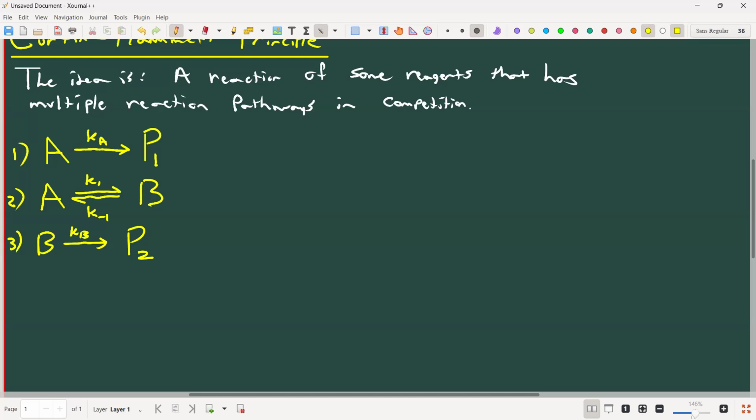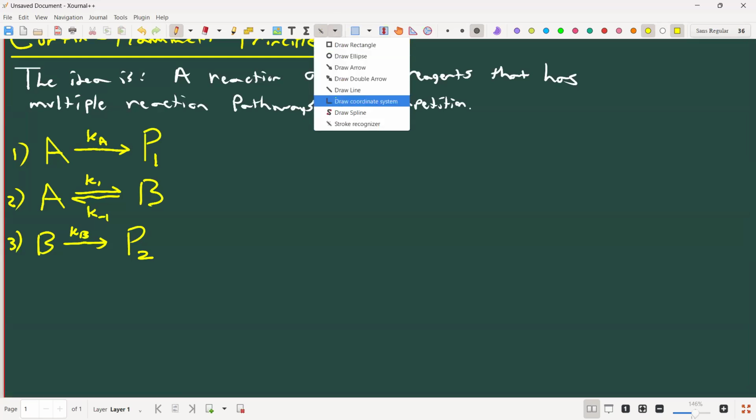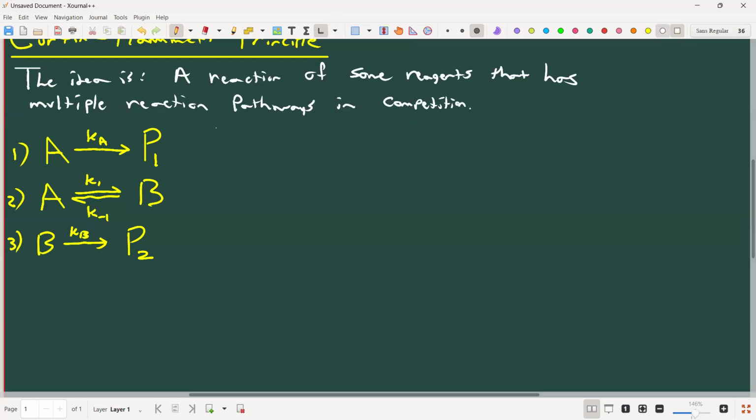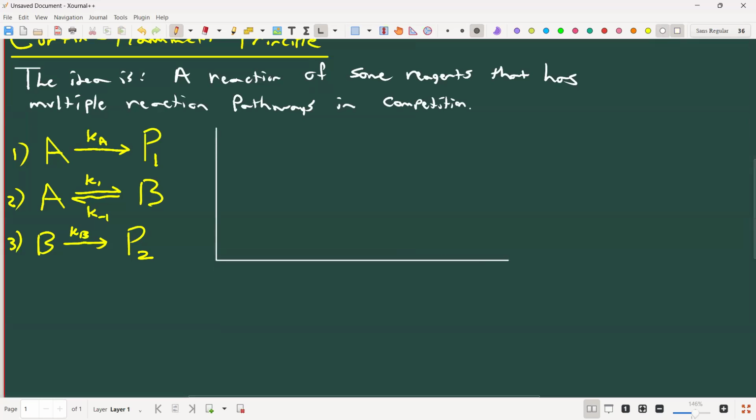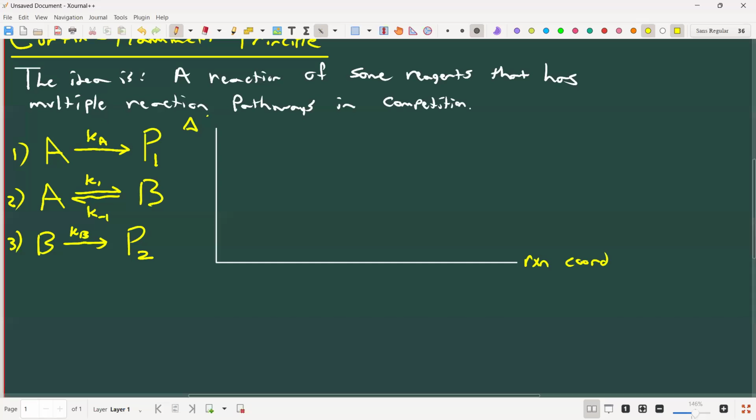All right, so what would the reaction coordinate for this look like? Do it relative to delta G. Right, so let's just put A. Typically, when we do these situations, we put the starting materials.